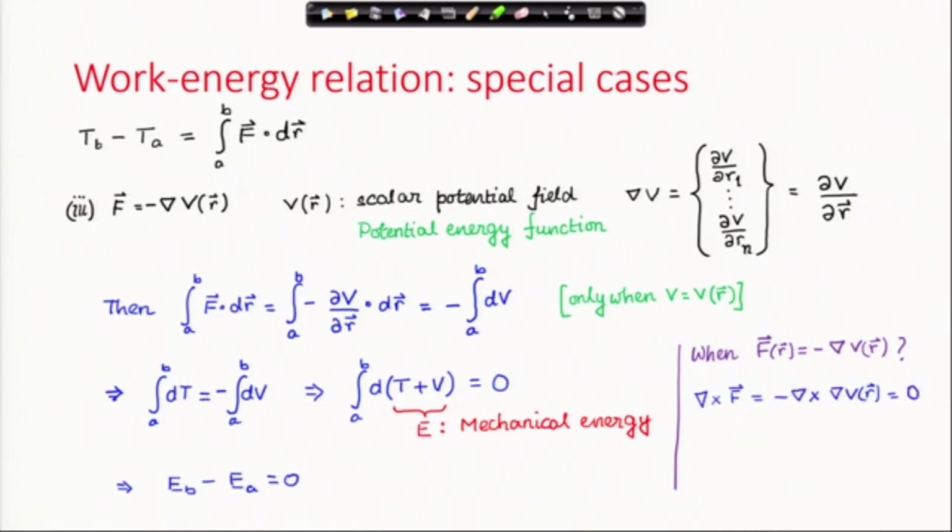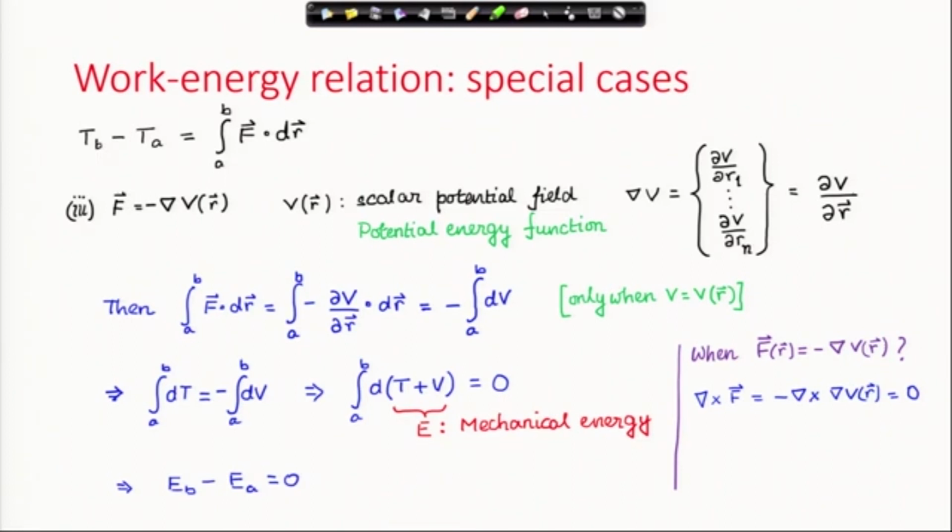If you take the curl of both sides of this expression, F is equal to negative gradient of V, then you can see that the curl of the gradient of a scalar is always 0. This is a theorem from differential calculus. Therefore, if the curl of the vector field is 0, then it can be represented as minus the gradient of a scalar field.